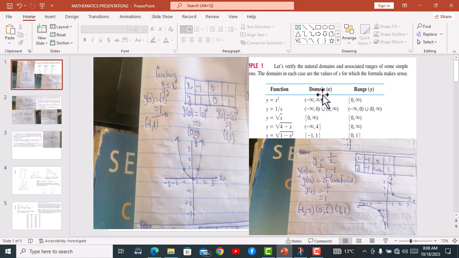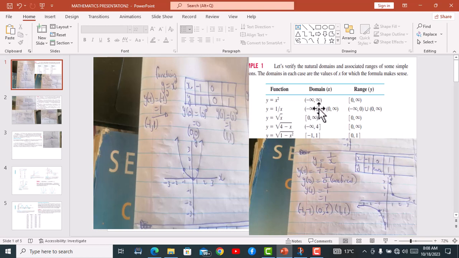So, the domain of the graph: as you can see, we are looking at x here, and the values of x are moving from negative infinity and coming closer to 0. So we have an open interval there.